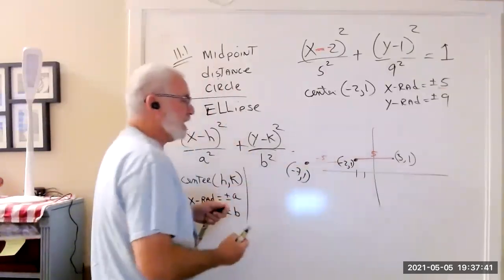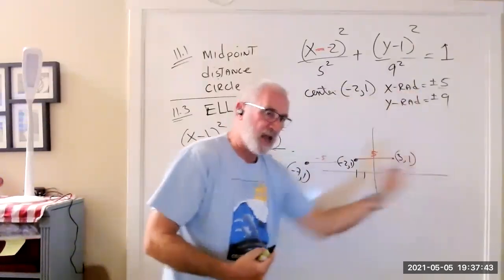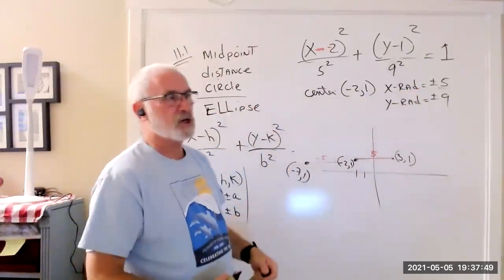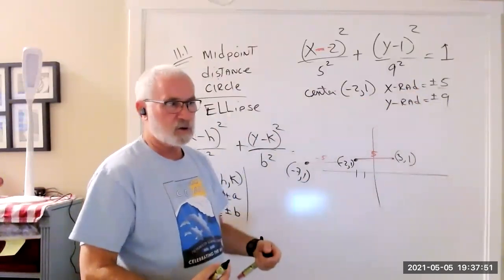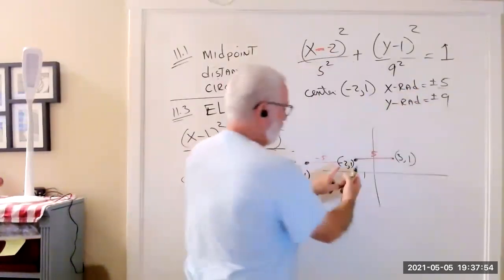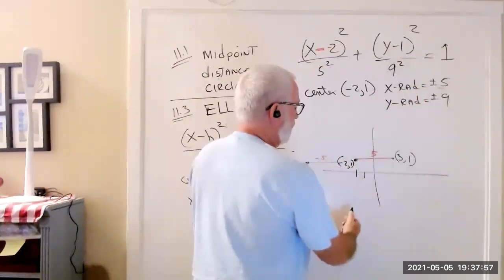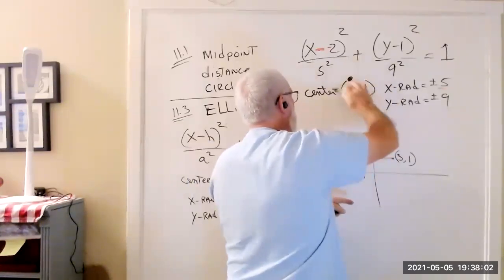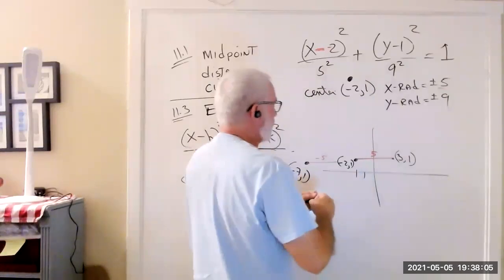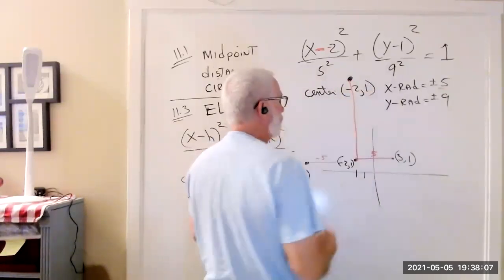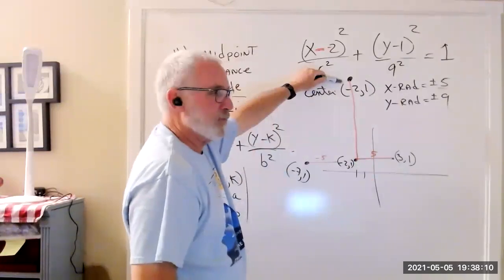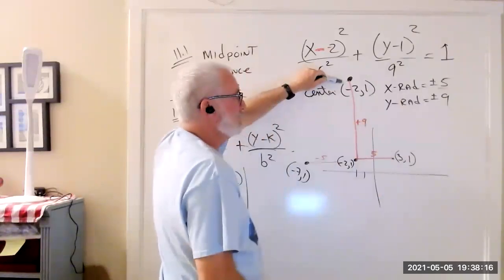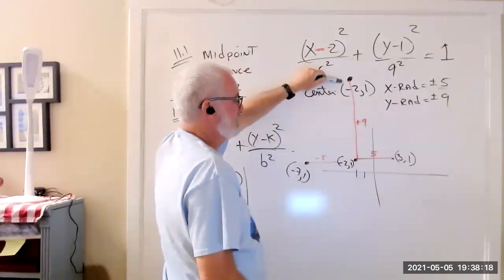So my x radius changes the x values. Now my y radius is going to change my y values. My y radius was 9. So from the center, I'm going to go up 9. If I'm at (-2, 1) and I go up 9, that's (-2, 10).